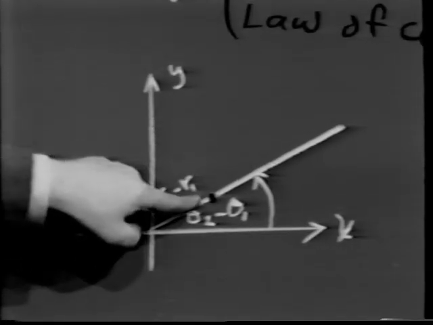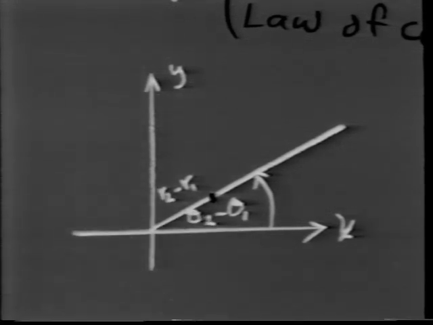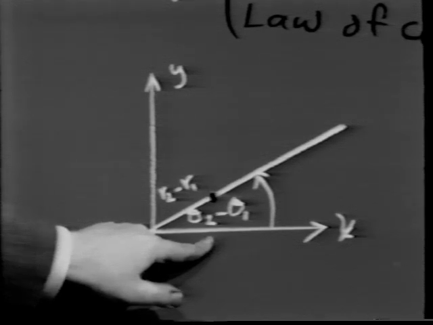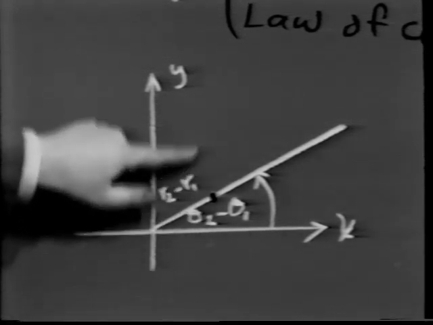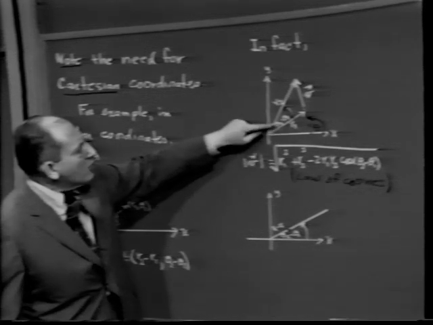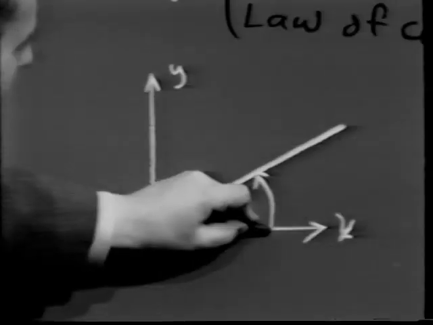In fact, notice that the vector whose magnitude is r2 minus r1, and whose angle of bearing is theta 2 minus theta 1, can also be computed. Namely, how do we find theta 2 minus theta 1? Well, up here, we have the angle theta 2, we have the angle theta 1, we computed theta 2 minus theta 1. I can now mark off that angle here.